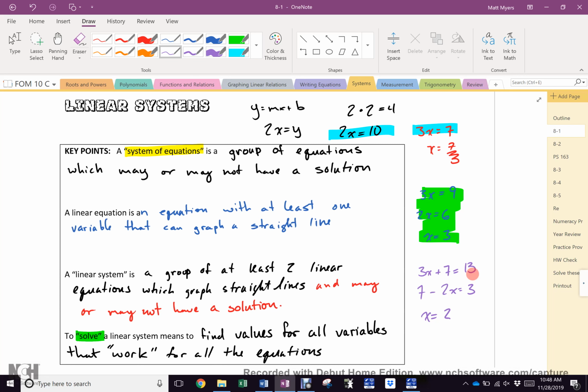Okay. Why was that super easy? Like, it can be done in your head even, yeah? Why? What about that makes it super easy? Small numbers, okay. What else? Yeah.